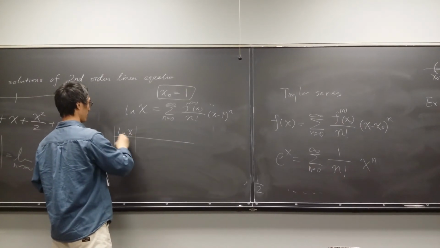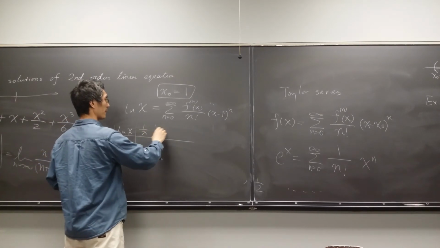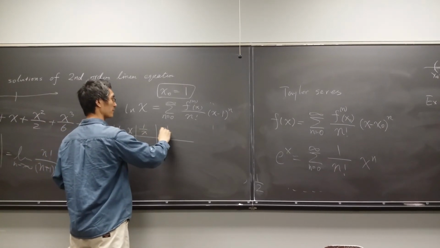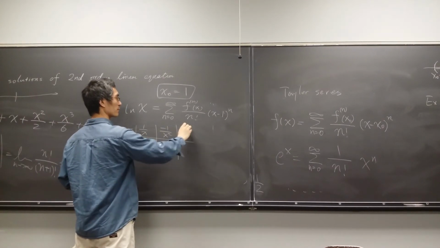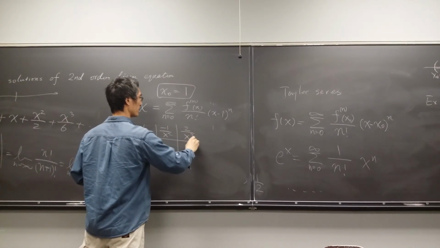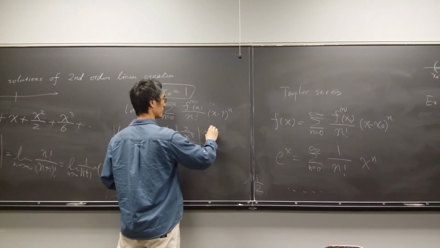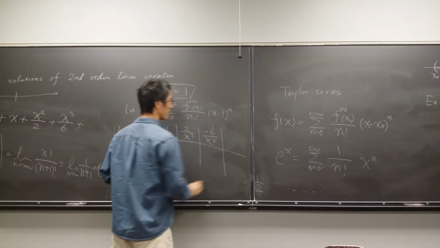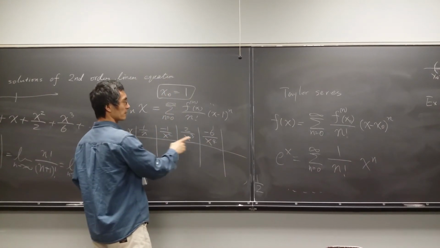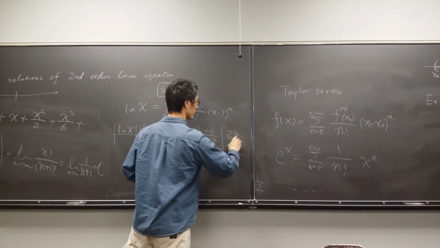What's the derivative of that? It's 1 over x. Then its derivative will be negative 1 over x squared. Then take a derivative again, you have 2 over x cubed. Then negative 6 over x to the 4th. Let's do one more. This gives you 24 over x to the 5th.